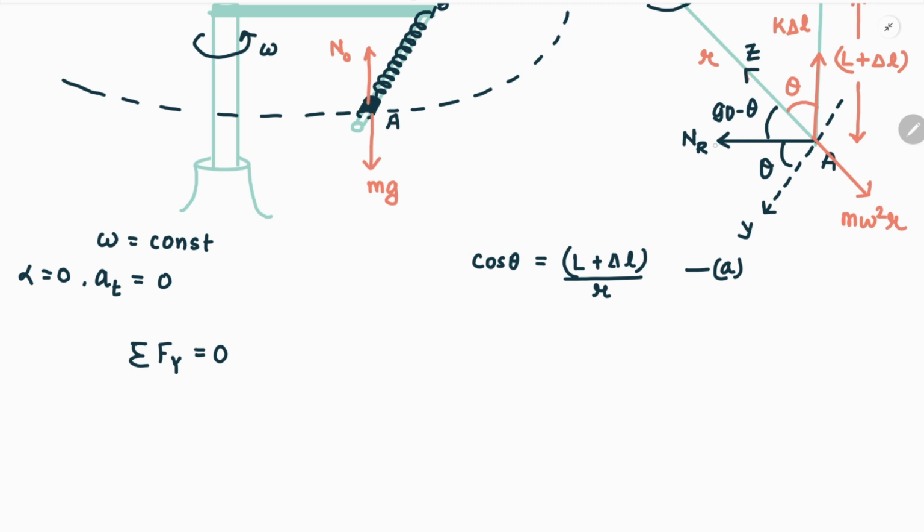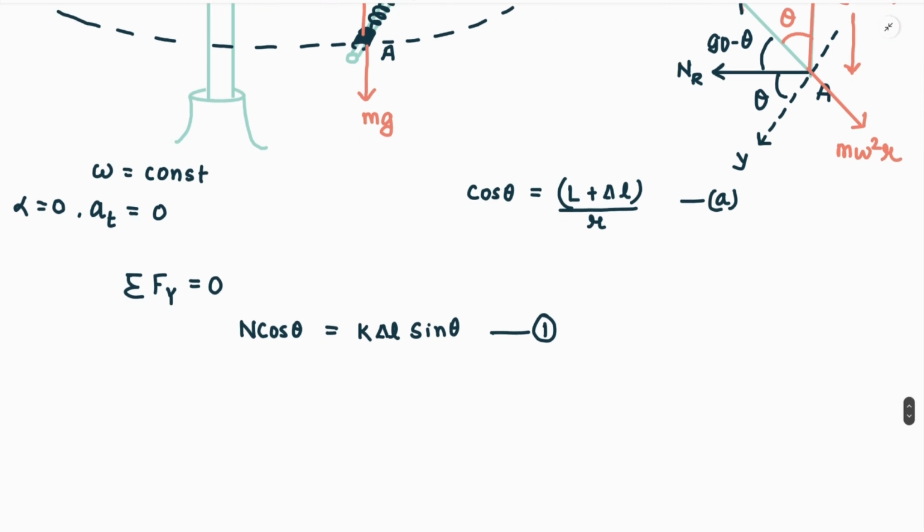So the first component is NR cos theta, this angle is 90 minus theta. So we can write the component of normal reaction force as N cos theta, and this is going to be balanced by k delta L sin theta.